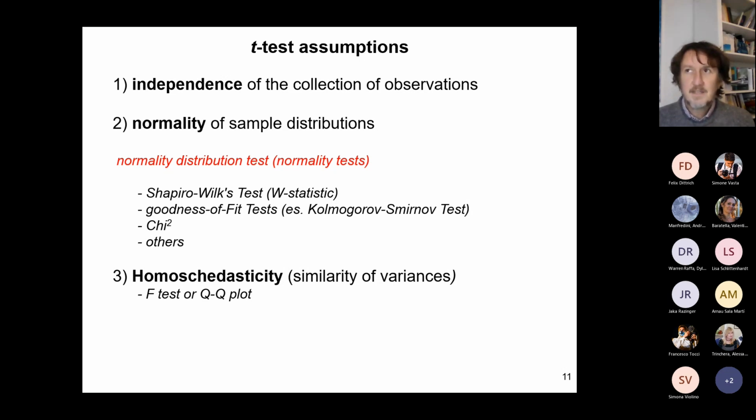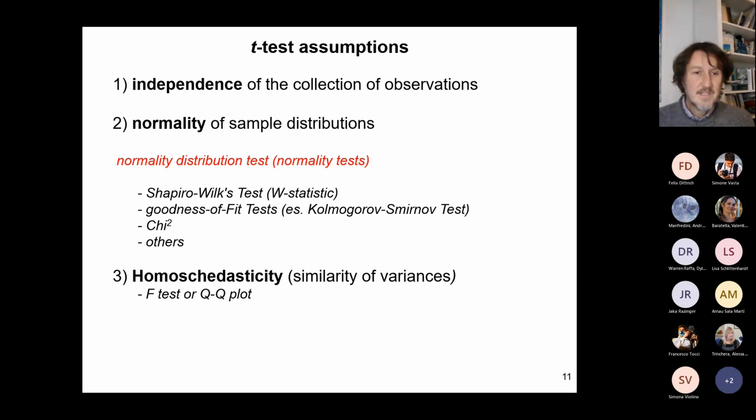So the distributions should be normally distributed. There are different tests. We will see something about that very, very rapidly. And the third one is the homoscedasticity. This is a very bad word, but it is very important for the t-test, but also for the ANOVA that we will see later.